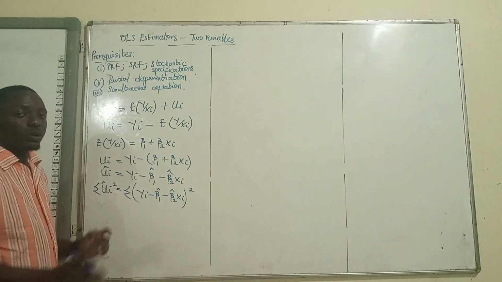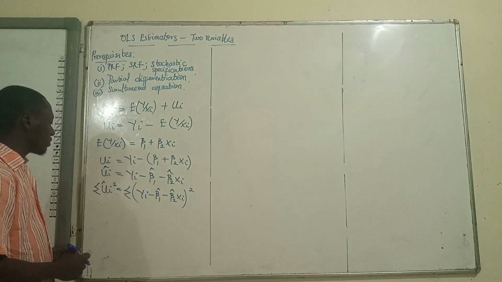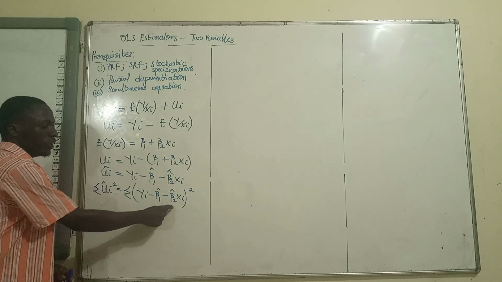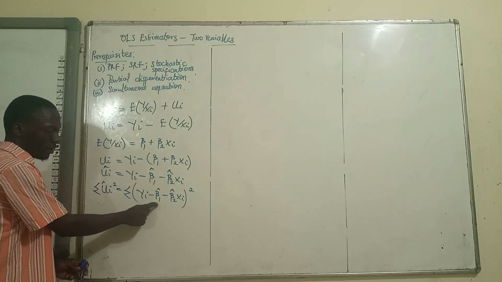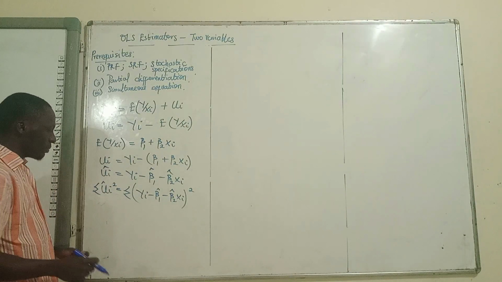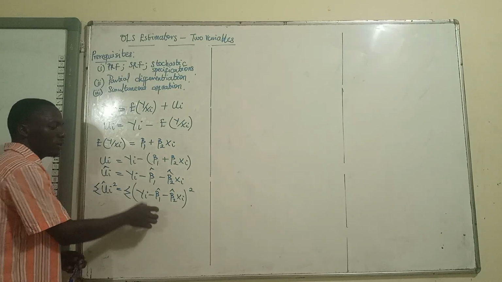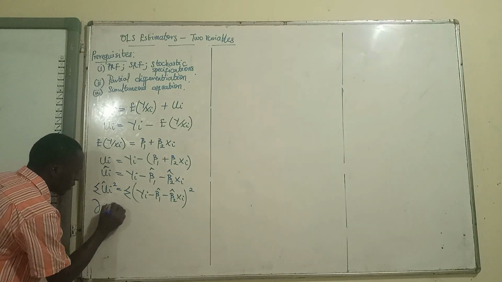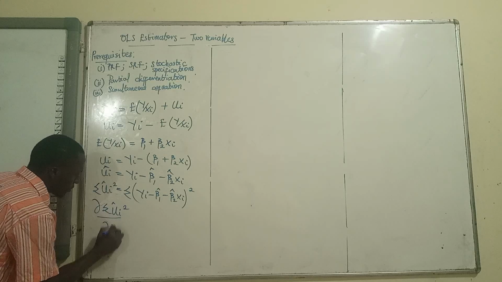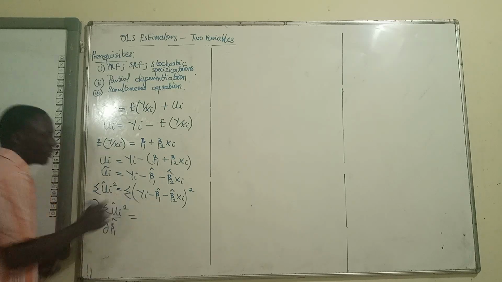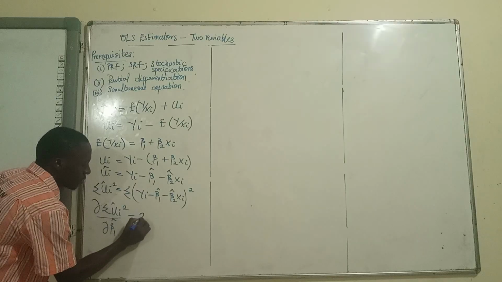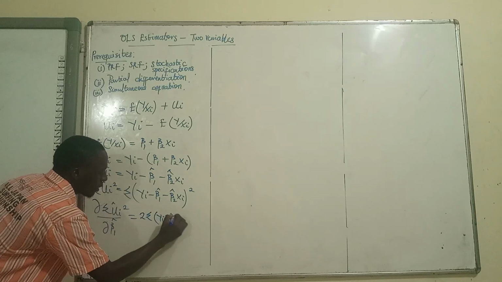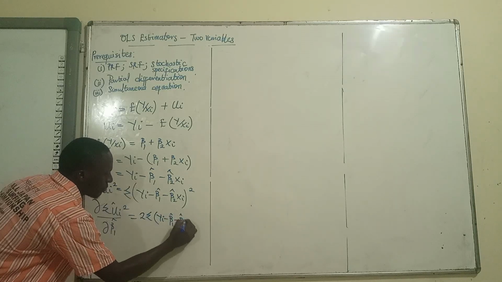Having done that, this is where we need our knowledge of partial differentiation. We'll take the partial derivative of summation ui cap square with respect to each of the estimators, that is beta 1 cap and beta 2 cap. The first step is we take the partial derivative of this equation with respect to beta 1 cap. So we bring the power down, then write everything we have, yi minus beta 1 cap minus beta 2 cap xi.